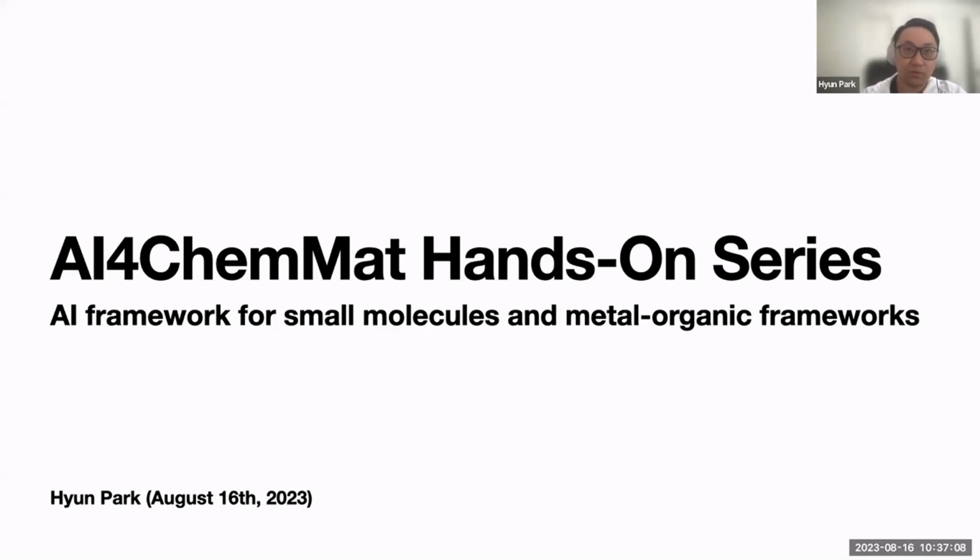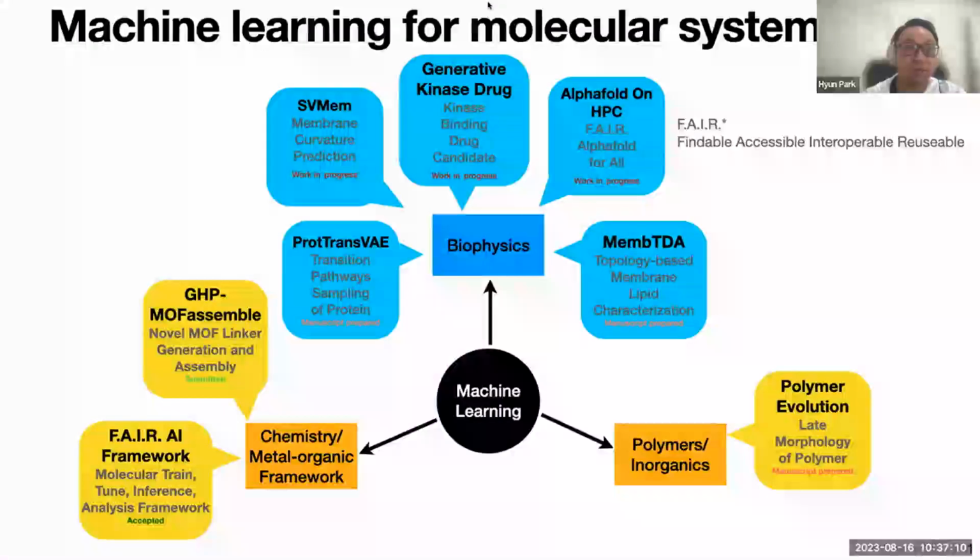Okay, so now, assuming that you have clicked the first code block in Google Colab, I will go into a brief introduction of who I am. My major interest is developing machine learning algorithms, to be specific, deep learning algorithms, on multiple different molecular systems, including biophysics and chemistry, metal-organic frameworks, and polymer inorganics. I'm a biophysics student, so a lot of my applications at the beginning have been to proteins, lipids, and drugs.